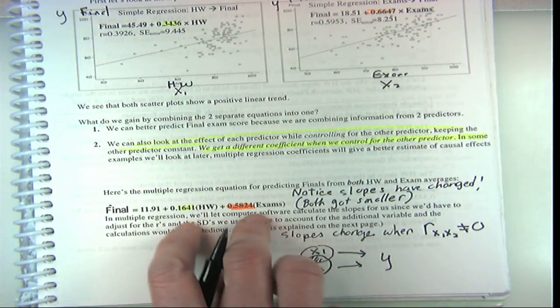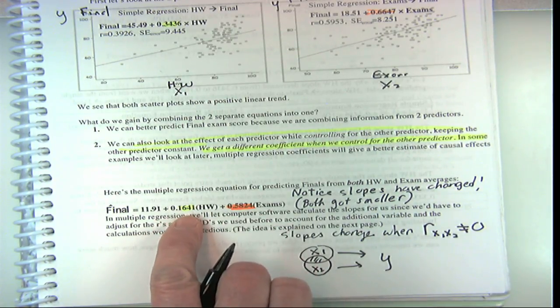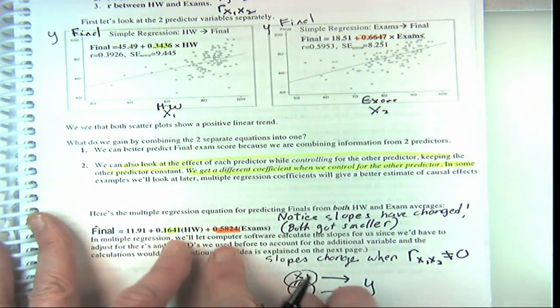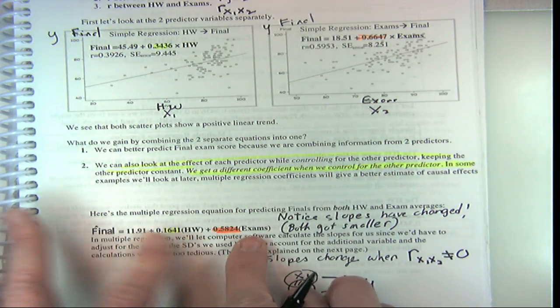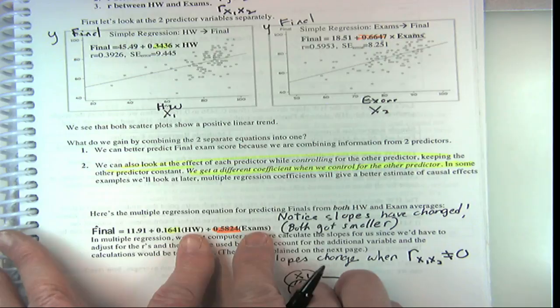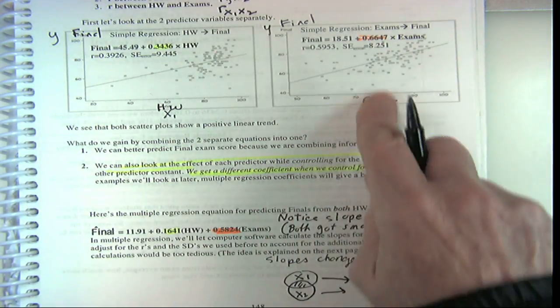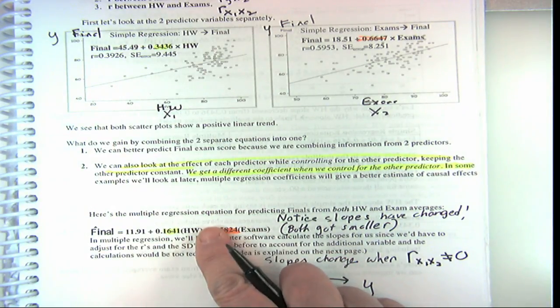So these are actually called the partial slopes. These are the part of the slope for homework and the part of the exam that quantifies the effect of these variables on y after controlling for each other. So after you've put exams in the model, how much more does homework help, and vice versa?